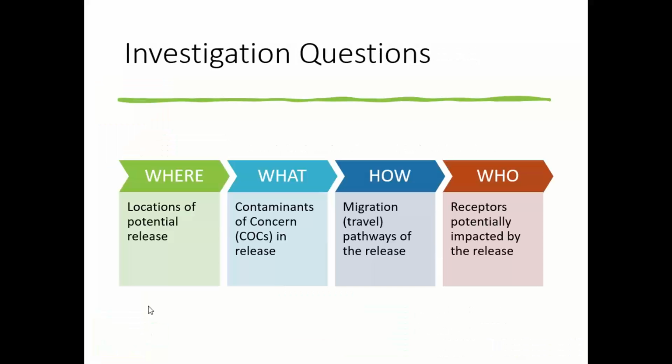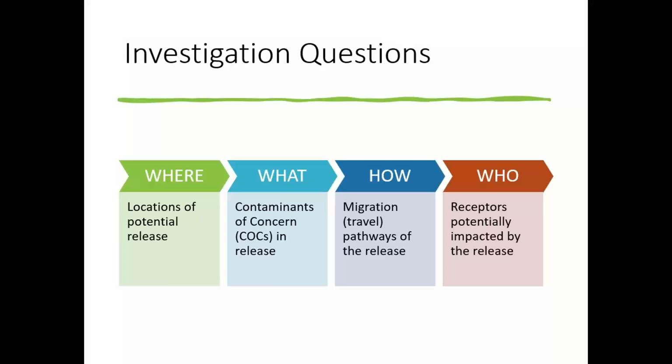Now, why is this important? What is it that we're looking to actually answer when we do the investigation? Basically, once we start the investigation process, we want to find, first of all, where we have potential releases of contamination, what kind of contamination we have.